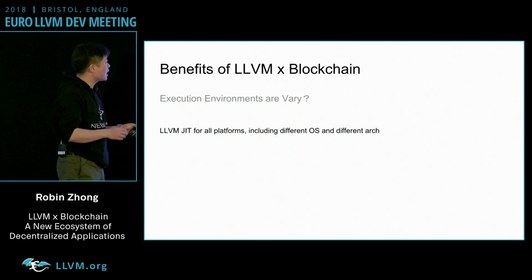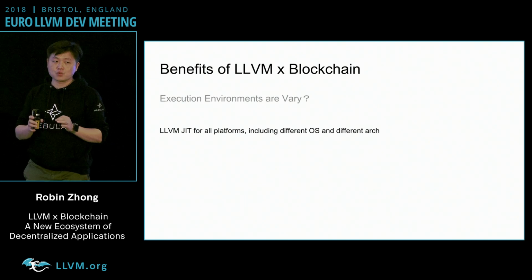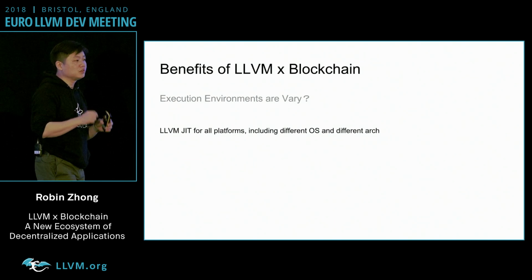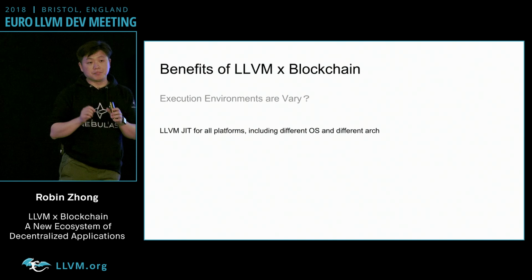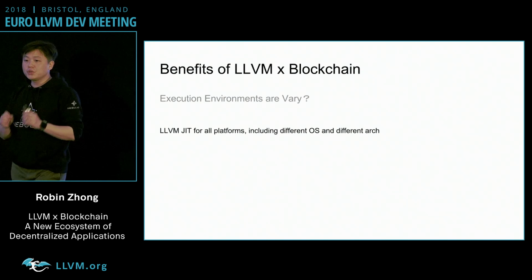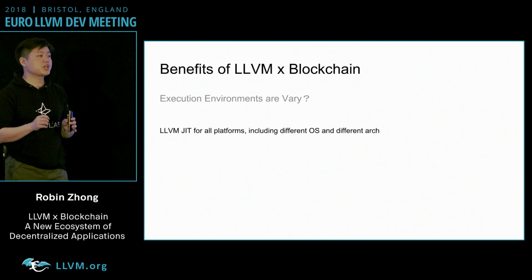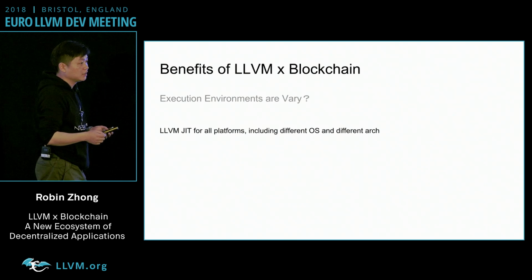For the execution environment, currently all the blockchain nodes are running on PCs. But if we want to leverage this technology for mobile apps and mobile users, how can we easily deploy the blockchain node to a mobile device? Currently, it's hard.